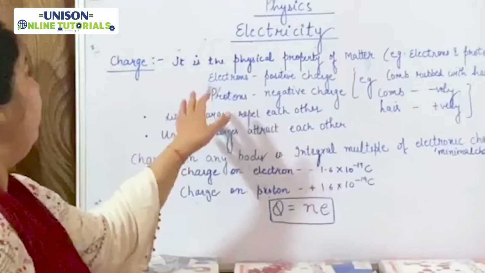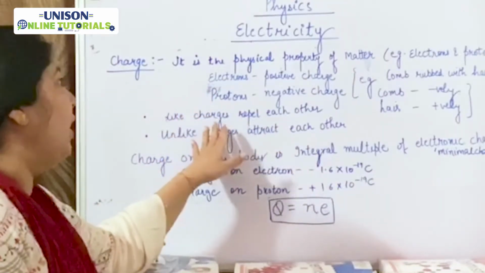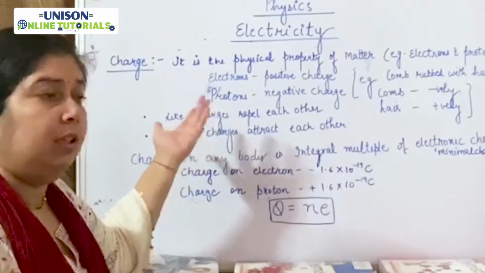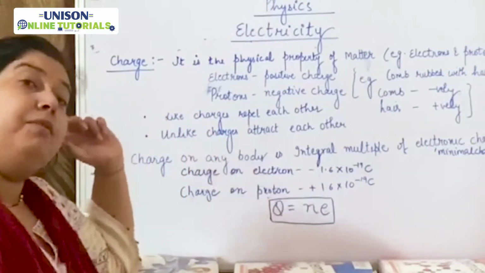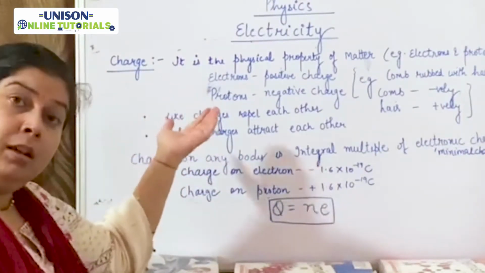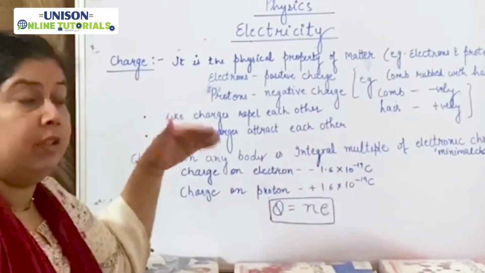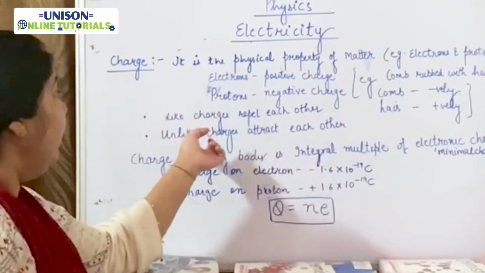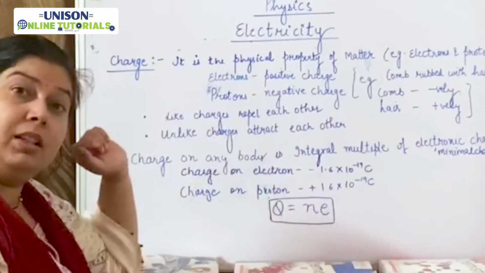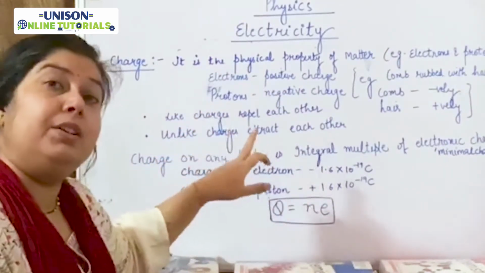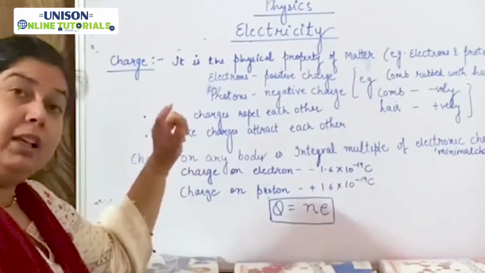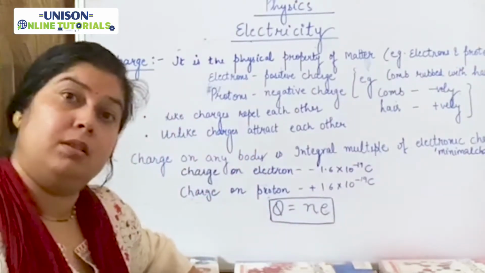So this you have already done earlier, that like charges always repel each other. ये हमें पता ही है. Positive will repel positive. Negative will repel negative. Unlike charges attract each other, means positive will attract negative and negative will attract positive.